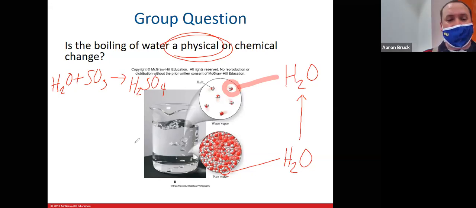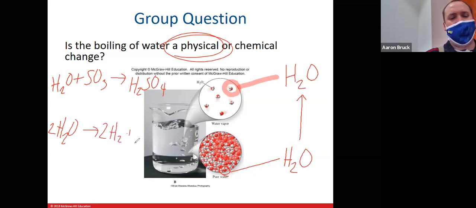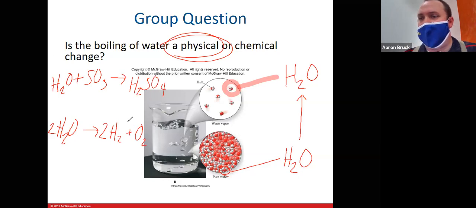Now, in lab this week, you saw the reaction of water getting split into hydrogen and oxygen gases using an electrolysis machine, a Hoffman apparatus.